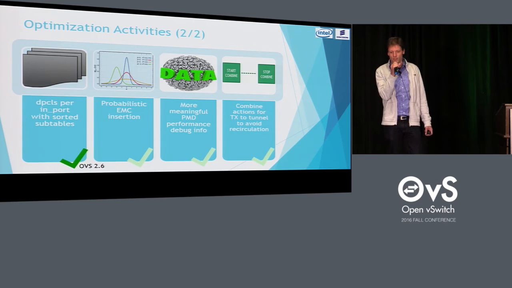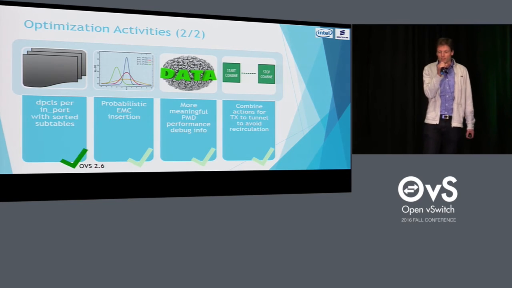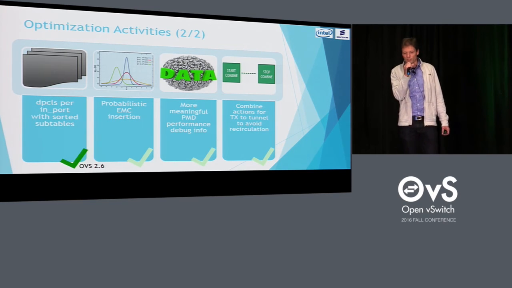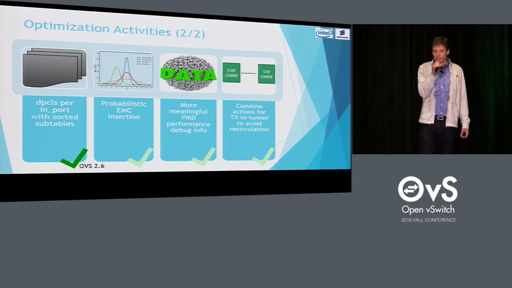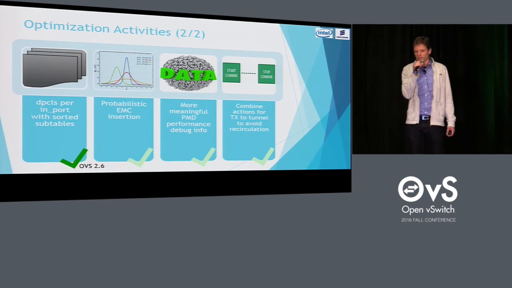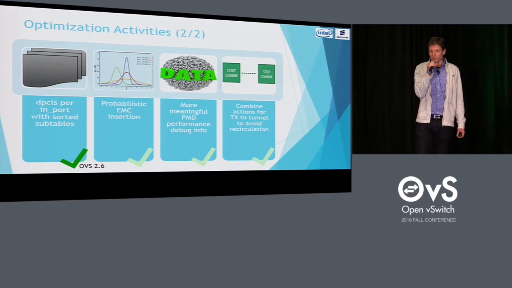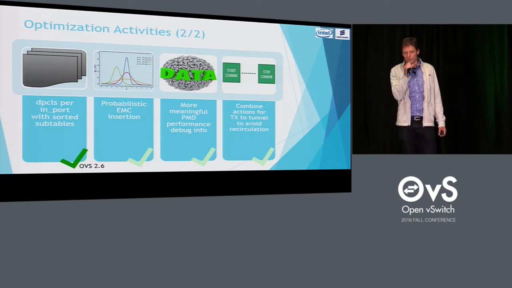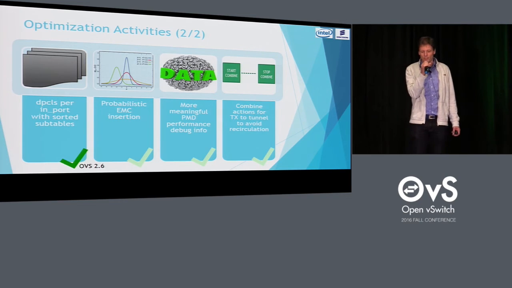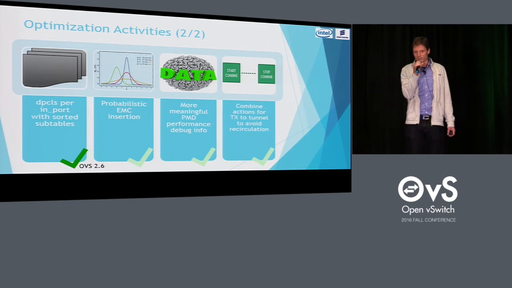There can only be a single match, so once you have found that, you're ready. But if there are many subtables and they are not in any particular order, you can be very unlucky. In reality, though, even though there may be very many subtables in the classifier, not many of them are actually applicable when you know the ingress port of a packet, because packets coming from a certain ingress port typically only hit a few of these subtables.